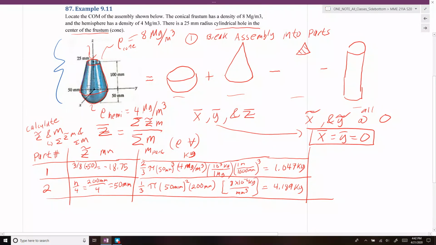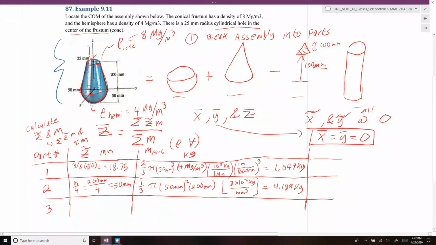Alright, and then for part 3, we have our cone here. Our cone in this case has a height of 100 millimeters, and the base of our cone is already at 100 millimeters tall.